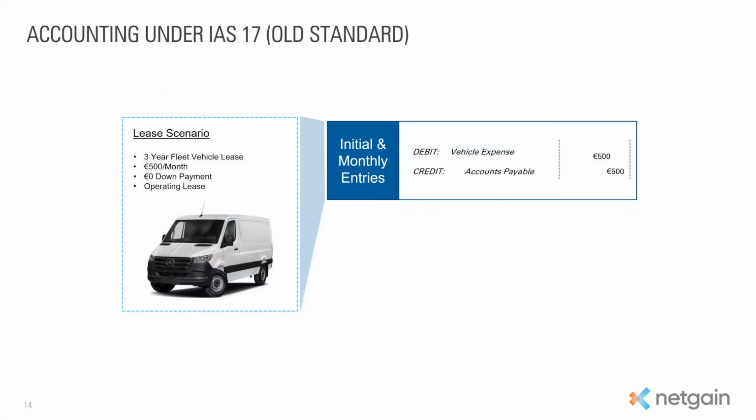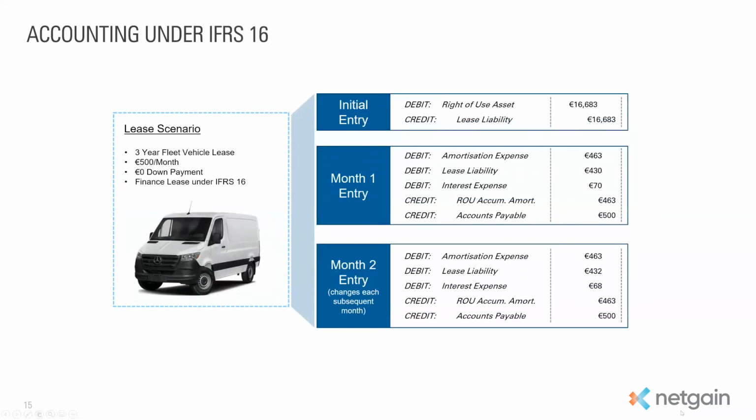So ultimately, the big takeaway from all of this is that this is what your entries would have looked like before. In this case, it's an example of a 3-year lease with $500 a month, 0 down payment. This was your entry. And so it's gone from this, for this rental, to this.